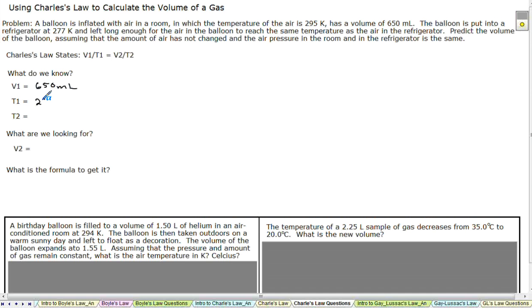Now before we go anywhere, what should happen here? We want to solve for volume, but we need to look at what's happening with our temperature. T2 is smaller. So because temperature and volume have a direct relationship, if my temperature goes down, therefore my volume must also go down.